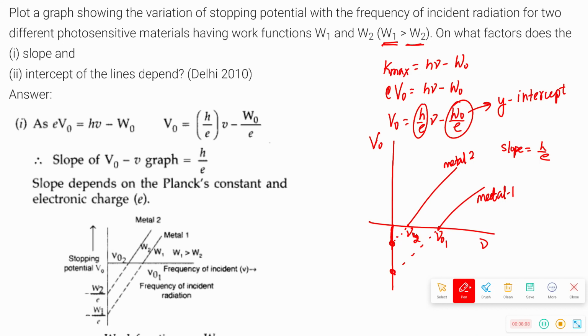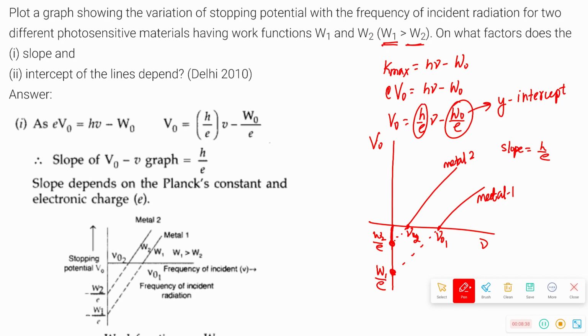So this distance should be W1 by e, and this should be W2 by e. A negative intercept is coming. W1 is greater, so W1 by e should be greater, so this distance should be greater. So metal 1 should intercept here. Clear? And this should be nu naught 1, this should be nu naught 2. No worries.